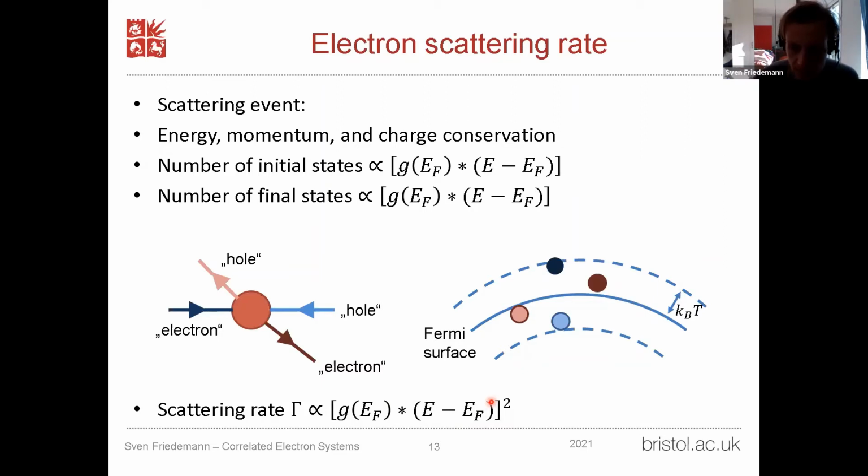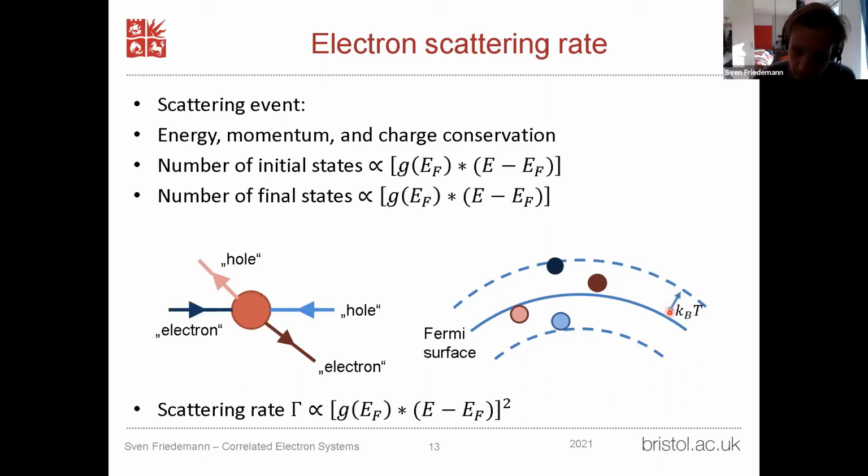So what that means is that for just the scattering between electrons, occupied and unoccupied states, we expect that this is proportional to energy squared. Now I've already included here a kBT because at a finite temperature we expect that there are occupied states within kBT above the Fermi surface and unoccupied states within kBT below the Fermi surface.